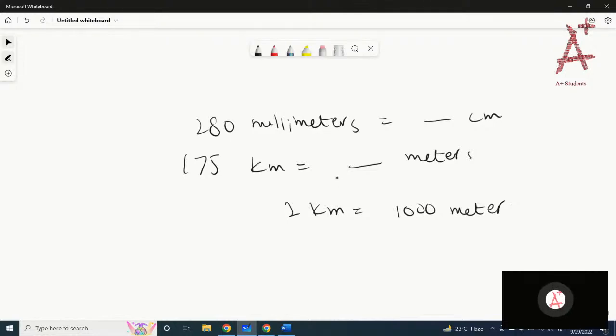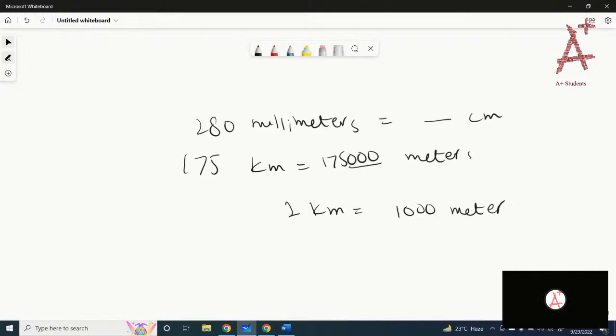You have to multiply 175 by 1000, which is 175,000. One important point: when you are converting from a greater unit to a smaller one, you have to multiply with the conversion rate. Got it? And when you are converting from smaller to greater one, then you have to divide. Got it? So kilometer is a greater unit.